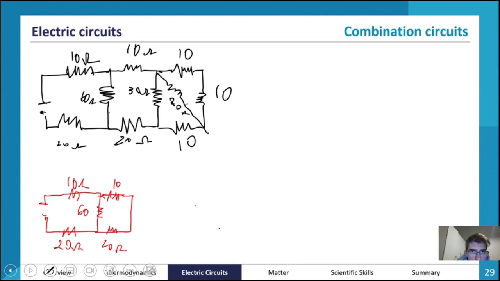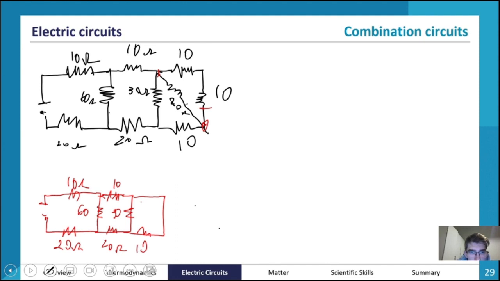So in this case, because this node and that node, so this node and this point here and this point here are the same, it's the same as drawing that part. I have to draw this multiple times. So this is like 30 ohms, but it's like saying this is 10 ohms, right?